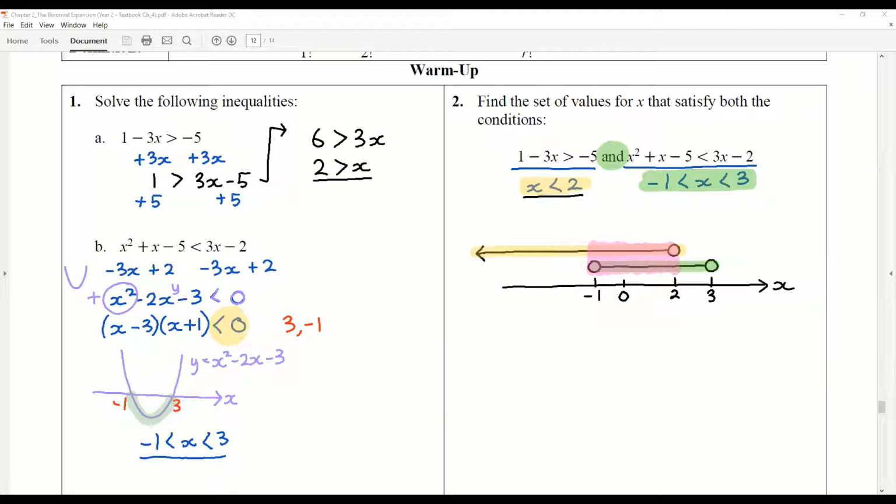So to satisfy both inequalities, I need the region between, oops, put it in pen mode. We need the region between -1, but not including, and up to 2. It's the most restrictive constraint you can get with the 2 inequalities you've got. Okay, so that's how we do that one.